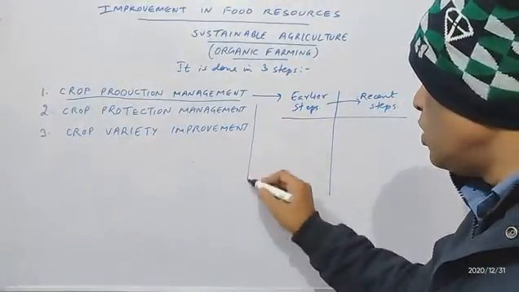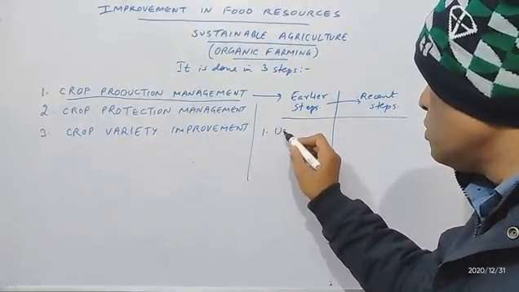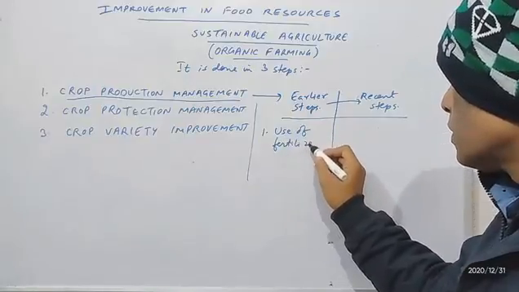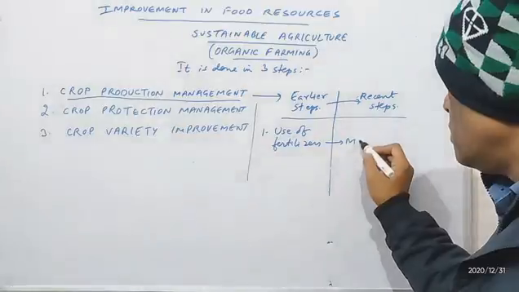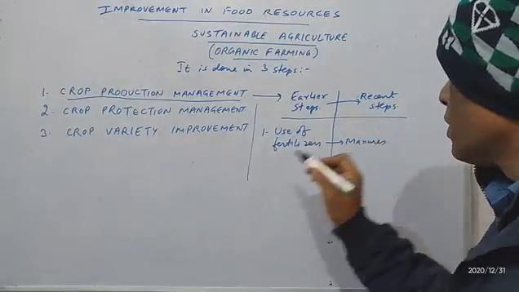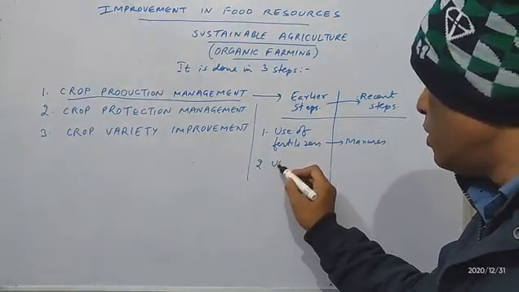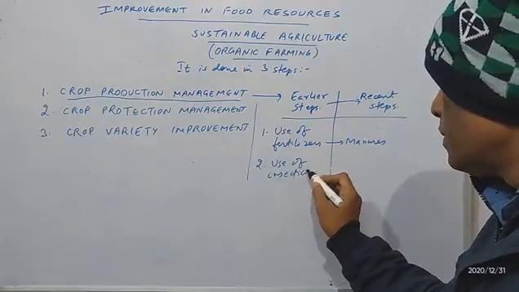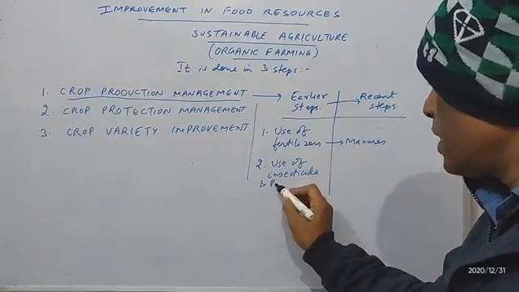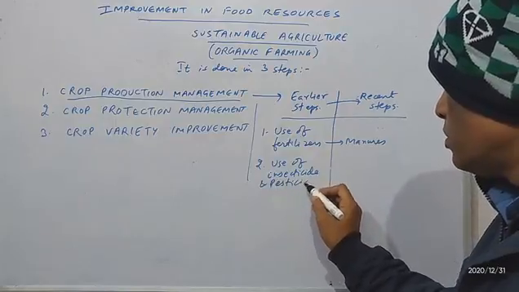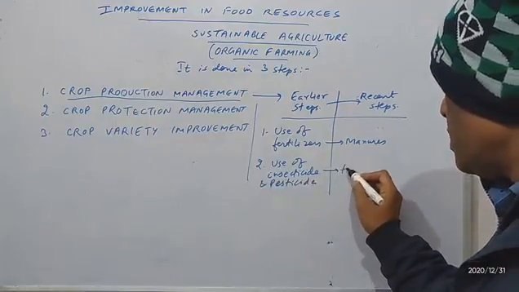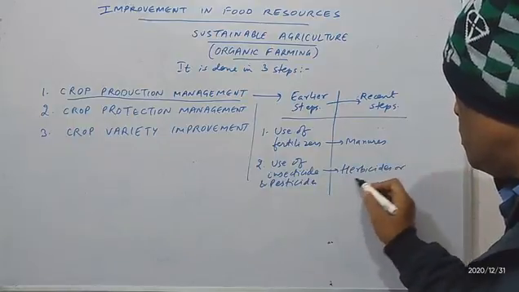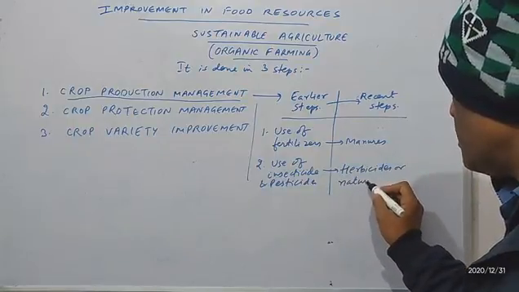The first thing was the major use of fertilizers, which should be replaced by the use of manures. The second is the use of insecticides and pesticides, the chemicals we'll talk about. It is replaced by herbicides or some natural ingredients.